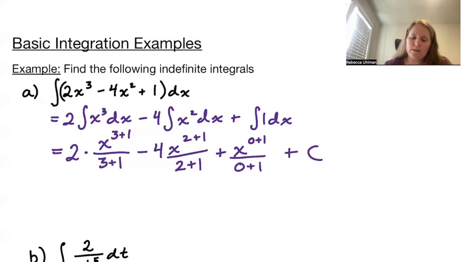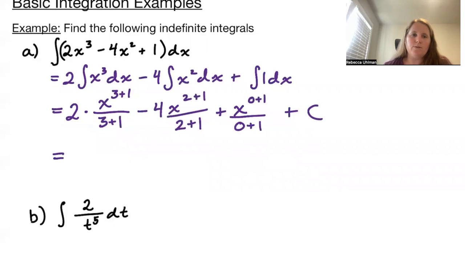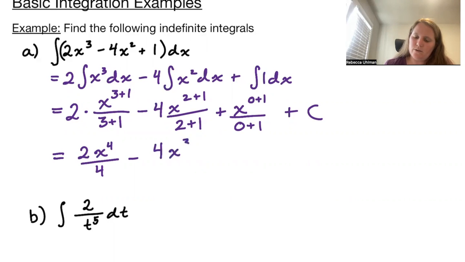You do not have to write the integral all broken down. You are welcome to just skip straight to 2 times x to the 4th divided by 4 minus 4 times x cubed divided by 3 plus x plus c.